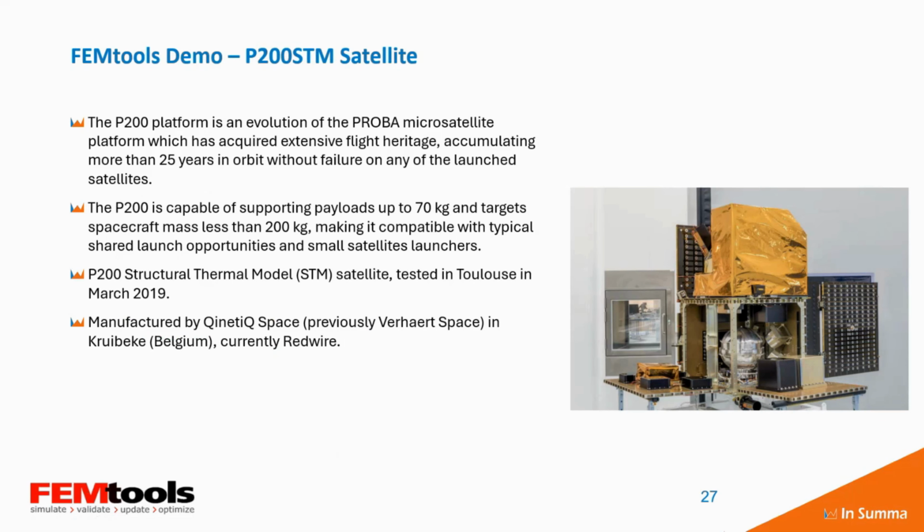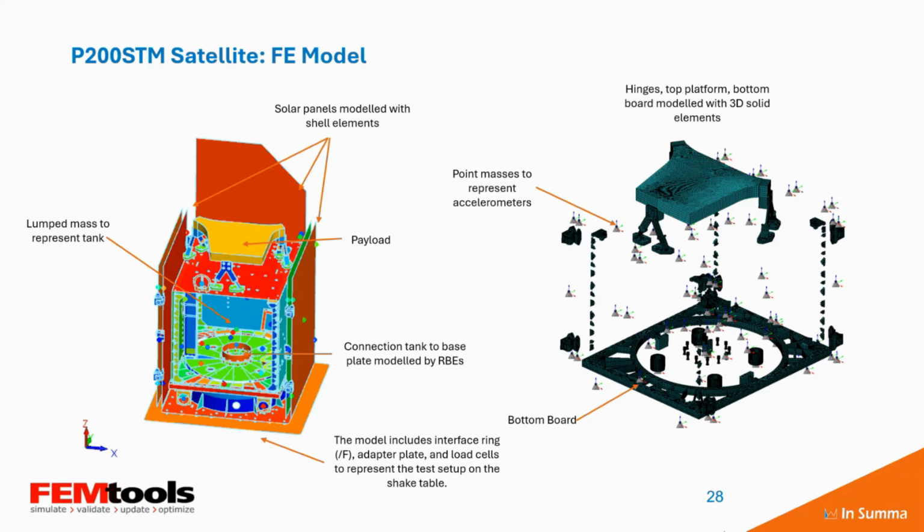Okay, that brings us to the case study for today, which is the P200 satellite from Redwire. This was introduced last time by Kelvin in the presentation on correlation analysis, so I will be very brief about this. This was also discussed in the FE model, the different components, the base, the connection to the shaker, the interface ring.